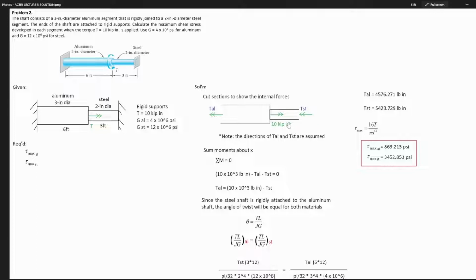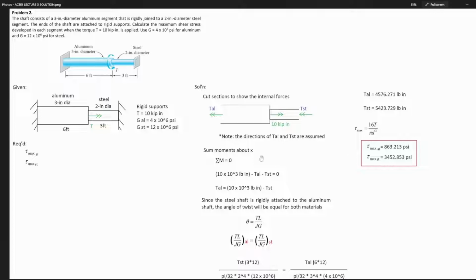Okay, so kayo, pwede rin kayong mag-assume. Gusto mo, assume mo to the right. Okay lang. In-assume ko lang na to the left, para i-contra niya yung 10 kip inch na to the right. Pero, I am not sure kung yung assumption ko ay correct. Okay, so, again, assumption lang yung direction natin for now.